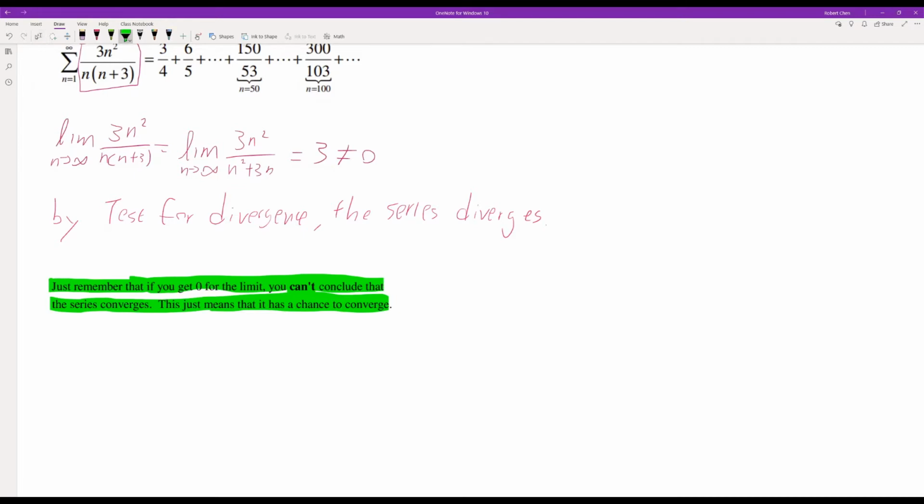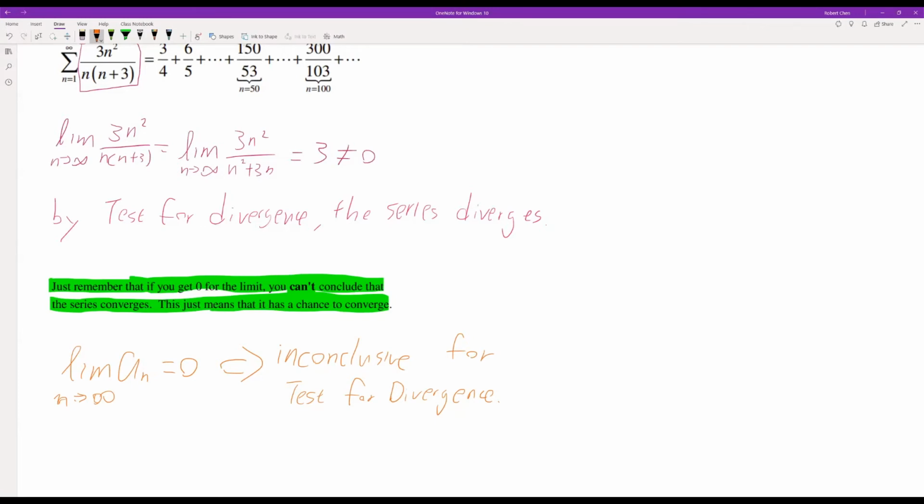So if you're doing the test for divergence and you get a 0, it means it's inconclusive from the test for divergence, right? And in that case, you will have to move on to some other test to check if it diverges or converges.